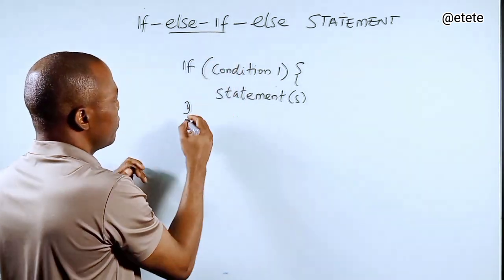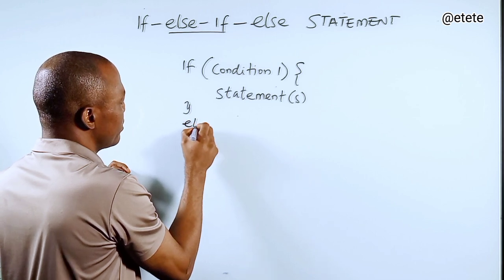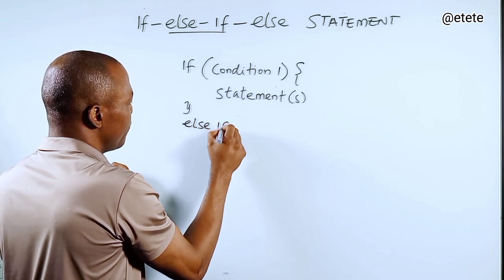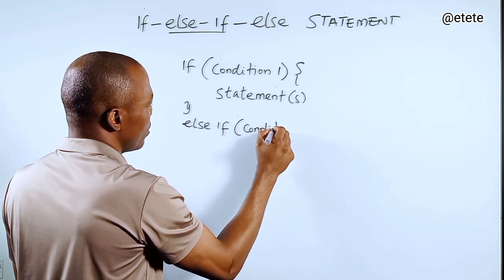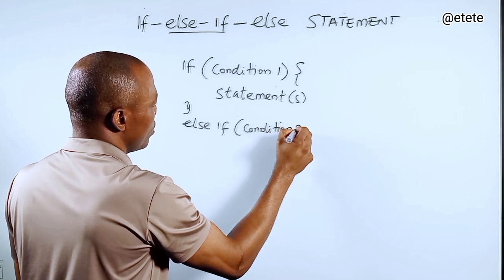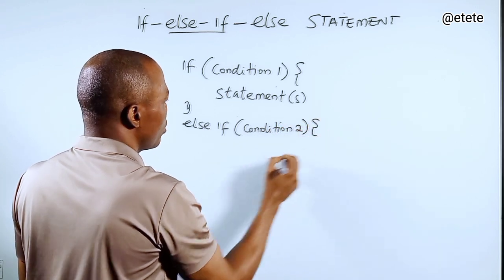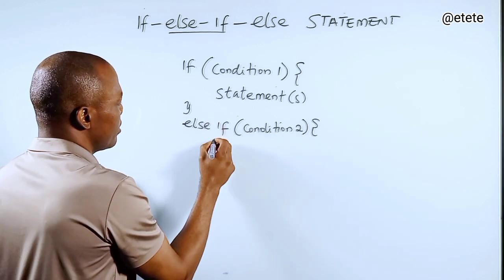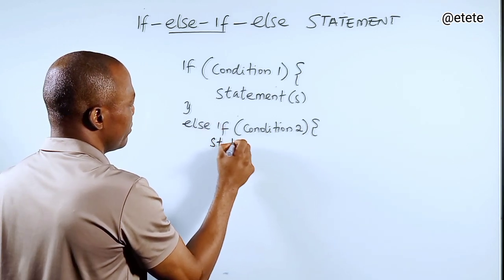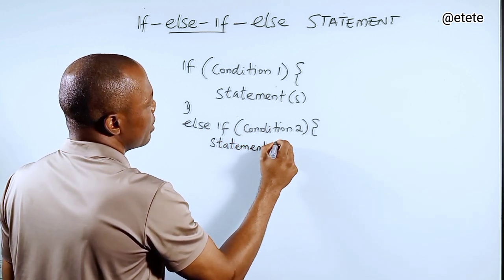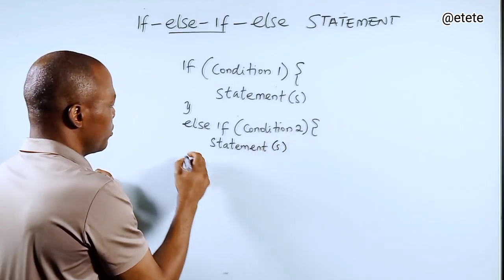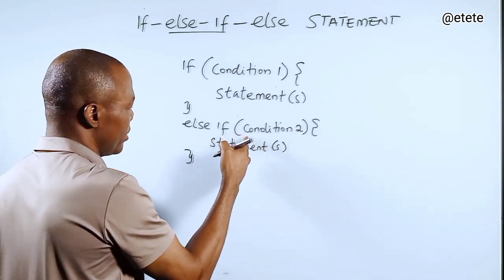Else if, so you come here and you write else if another condition, condition two, go in and carry out this statement. You can have multiple statements. Then you close that else if.